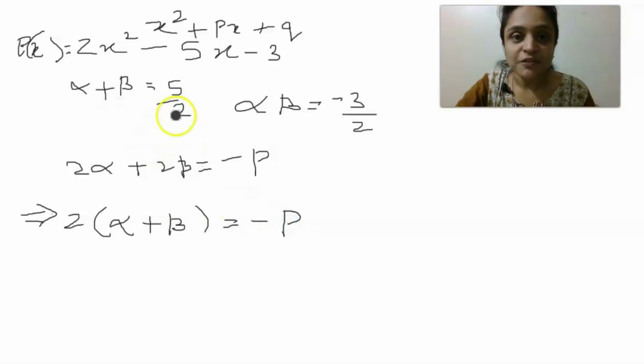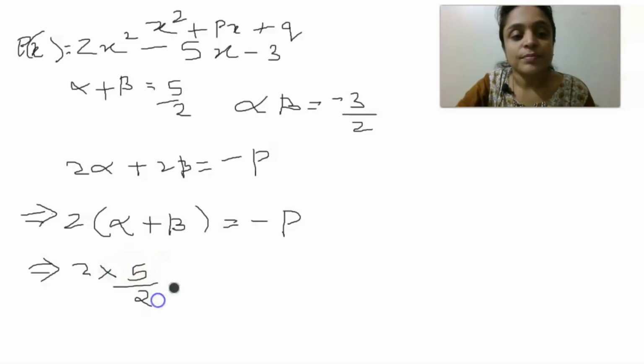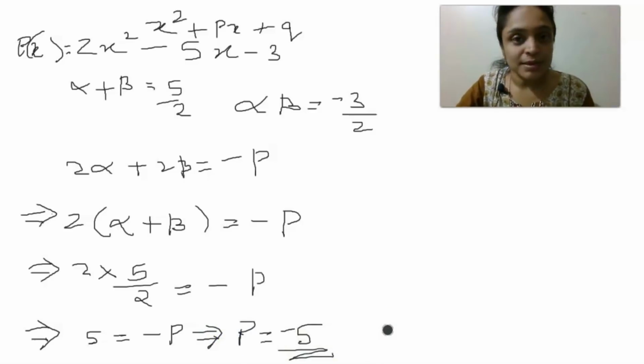And what is alpha plus beta? It is 5 by 2. So this implies 2 into 5 by 2 equal to minus p. And this implies 5 equal to minus p, which means p equal to minus 5. So we got p equal to minus 5.